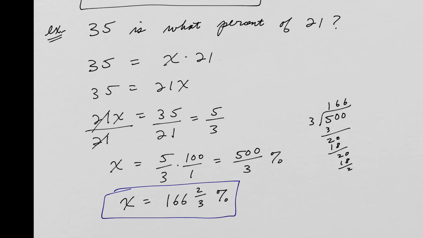Okay, in this case, it made a lot more sense to work with fractions and then multiply by 100 to convert it to a percent. Either one's correct. It depends on what you want for the answer, whether you want it as a mixed number in percent or as an improper fraction with a percent.